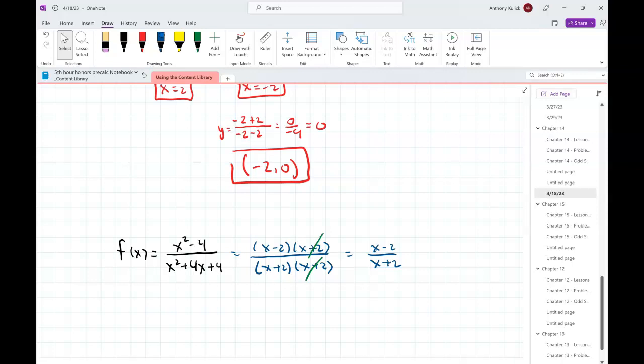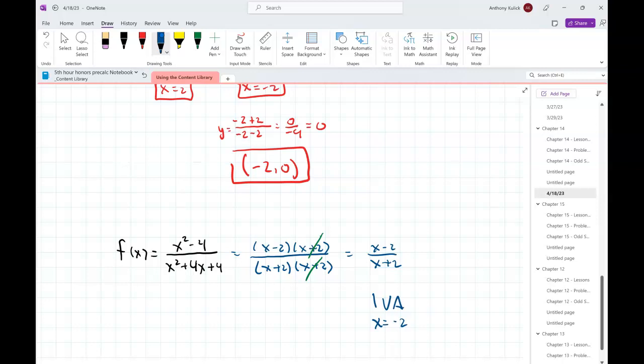How many vertical asymptotes is this going to have? One vertical asymptote. And what's the location of that vertical asymptote? -2. Everybody okay with that? How many removable discontinuities is this going to have? Anybody want to venture a guess?